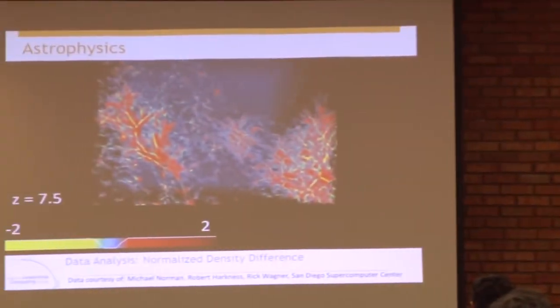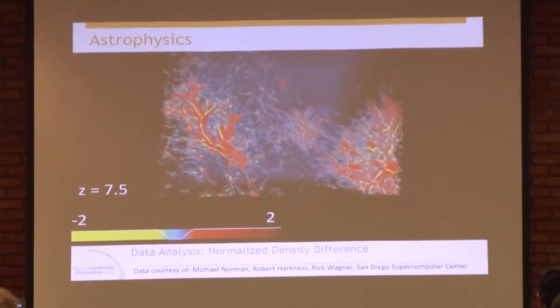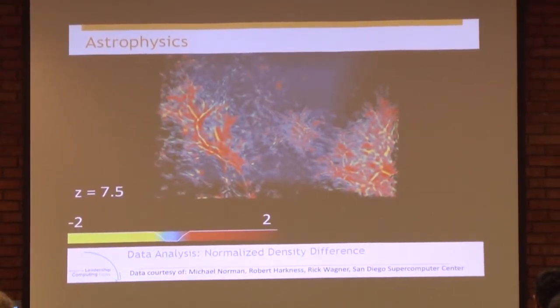But in this simulation they actually ran two different simulations that had the same initial conditions, but then they added additional physics to their computation. So they did one run without radiation and another one with, and they're interested in looking at what the differences were, what the effects of adding that additional physics looked like.